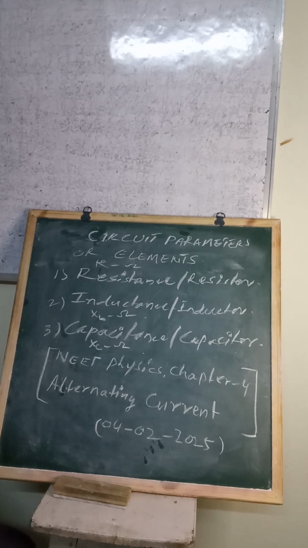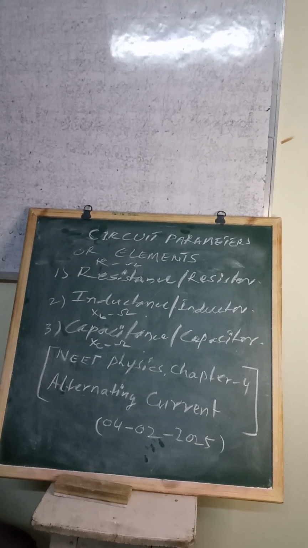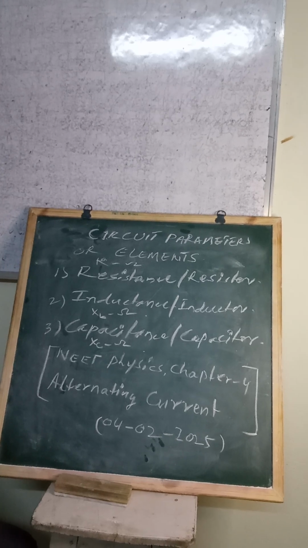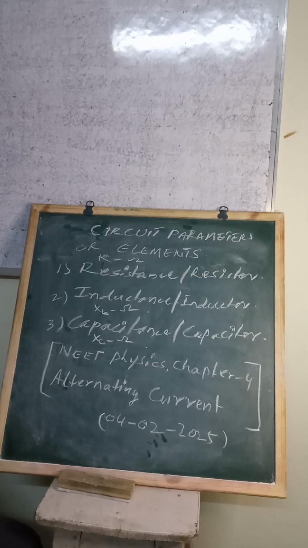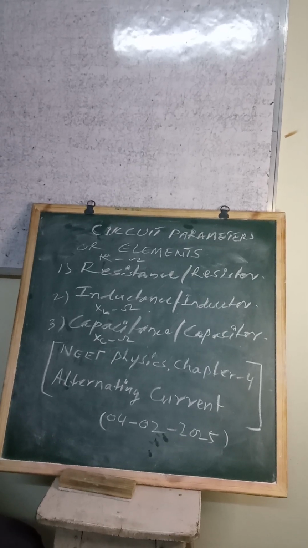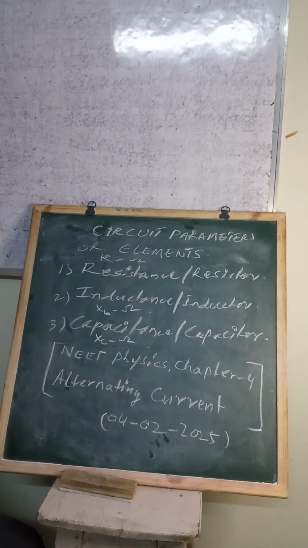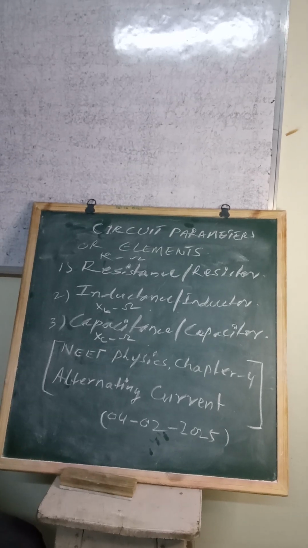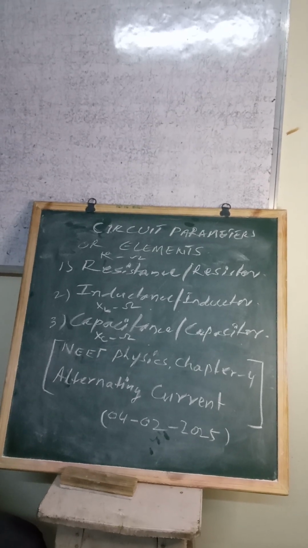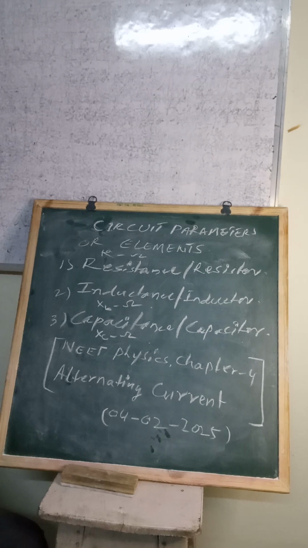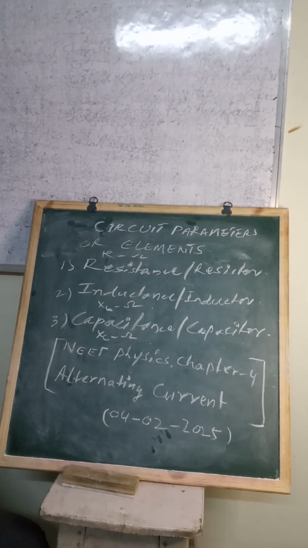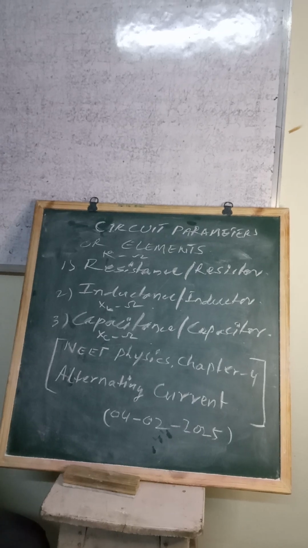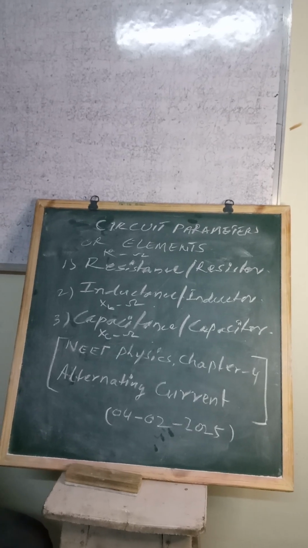We will discuss the properties: what about the current, whether it is in phase, lagging or leading, and why, the reason. Then whether the ohmic power dissipated in each element is the same, or the power dissipated in the individual element will be different. All this we can discuss in the next class.